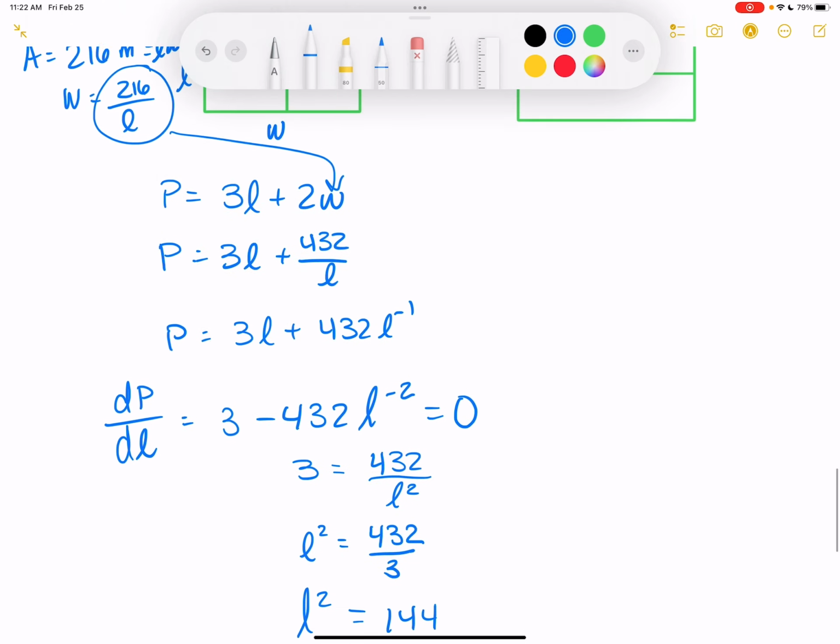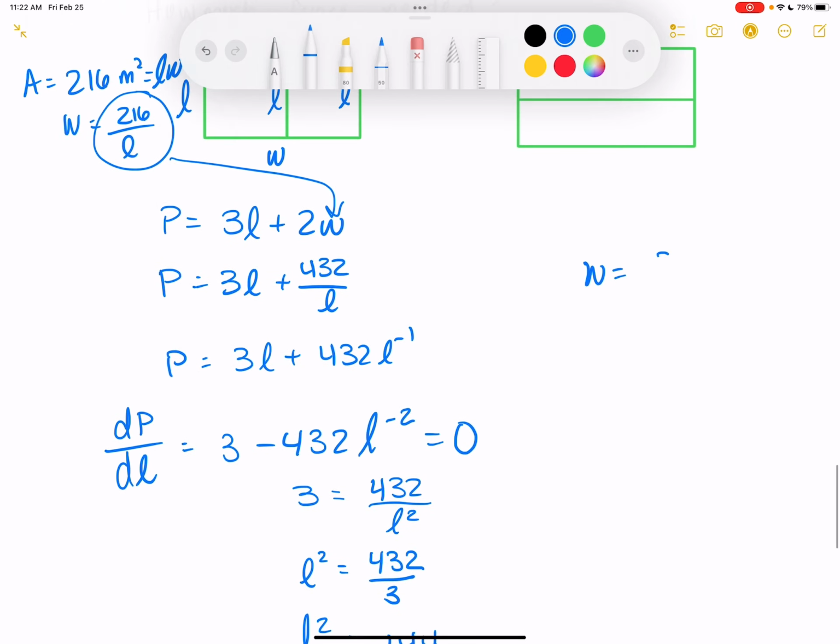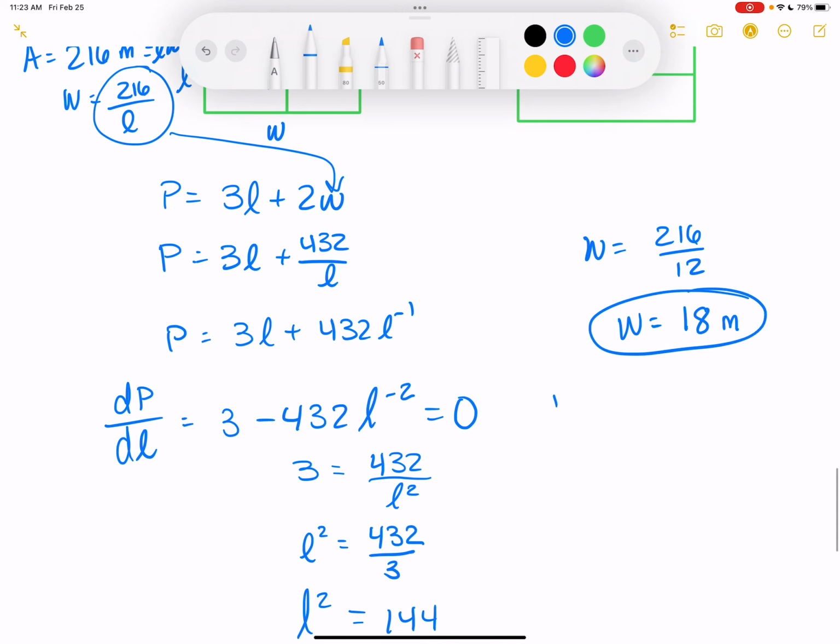So then if I plug that back into the width equation, width is equal to 216 divided by 12. I'm pretty sure that goes in. What is that equal to? 18 meters. So my dimensions are 12 by 18, and that's in meters.